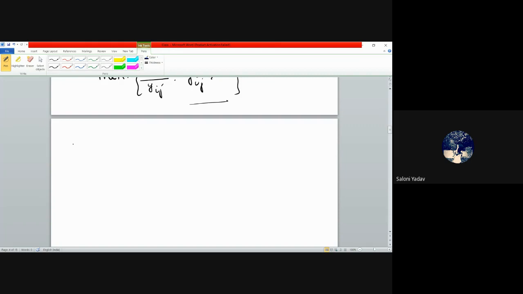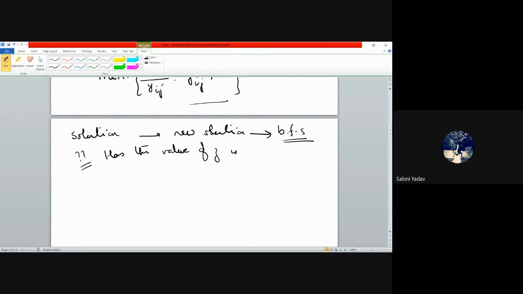Right. Now, ठीक है बात. Now the job is just half done abhi. Why? Because we started with one solution. ठीक है? We obtained a new solution. And we have proved that it's a basic feasible solution. Right. The question mark that is still left is, has the value of Z improved?